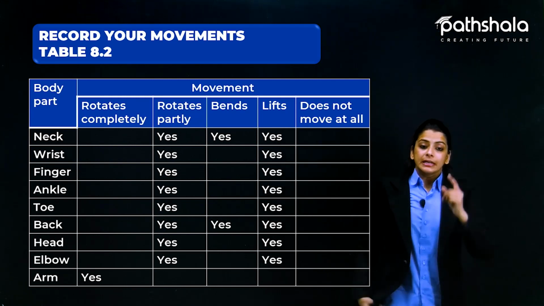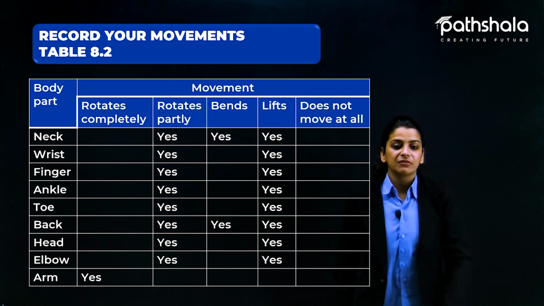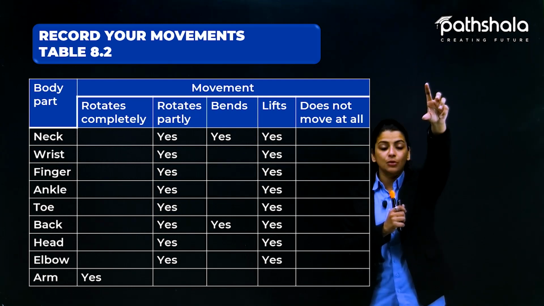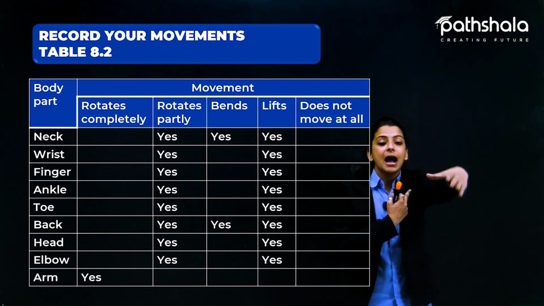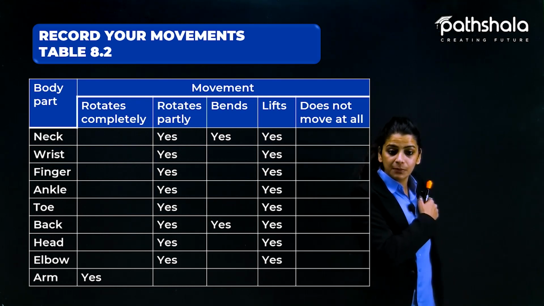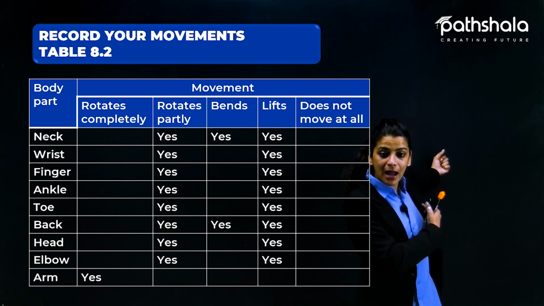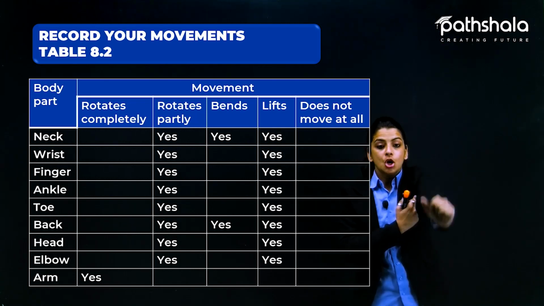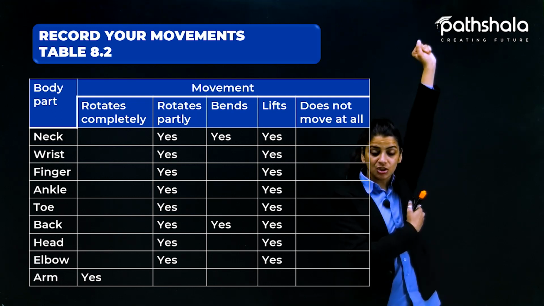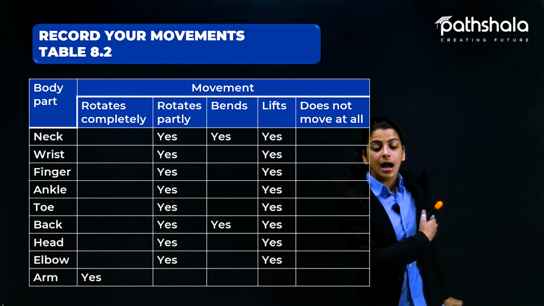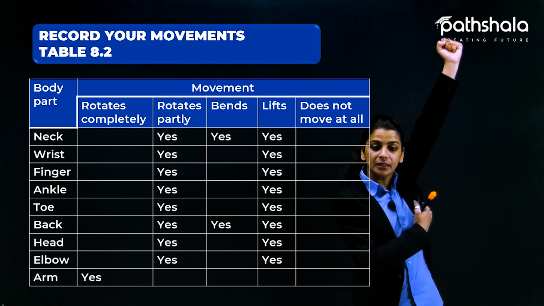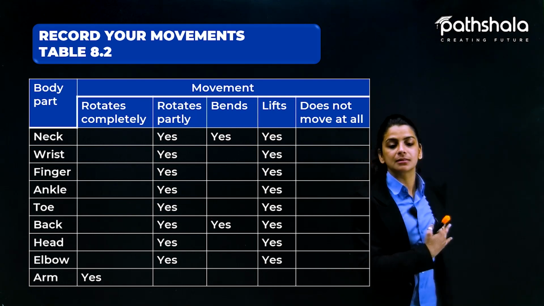So now remember the activity or the movement that we just did of throwing an imaginary ball at the imaginary wicket. So my arm just went backside like this, at the back it went, and then it came in the front position like this. So this rotation that I just did is a complete rotation. I can move my arm from back to front and front to back like this.